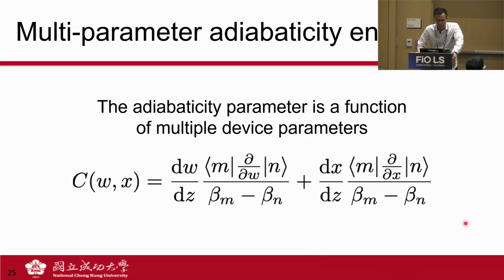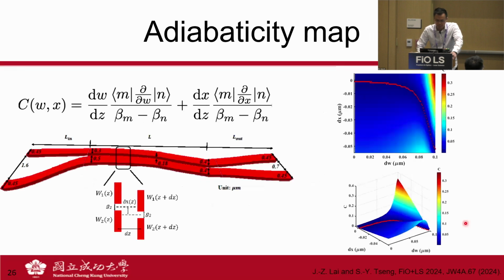So again, this adiabaticity parameter, we only considered one design parameter previously, but actually it could be a function of multiple device parameters. So here we show that if we consider two device parameters that we can engineer, we can rewrite it as this.